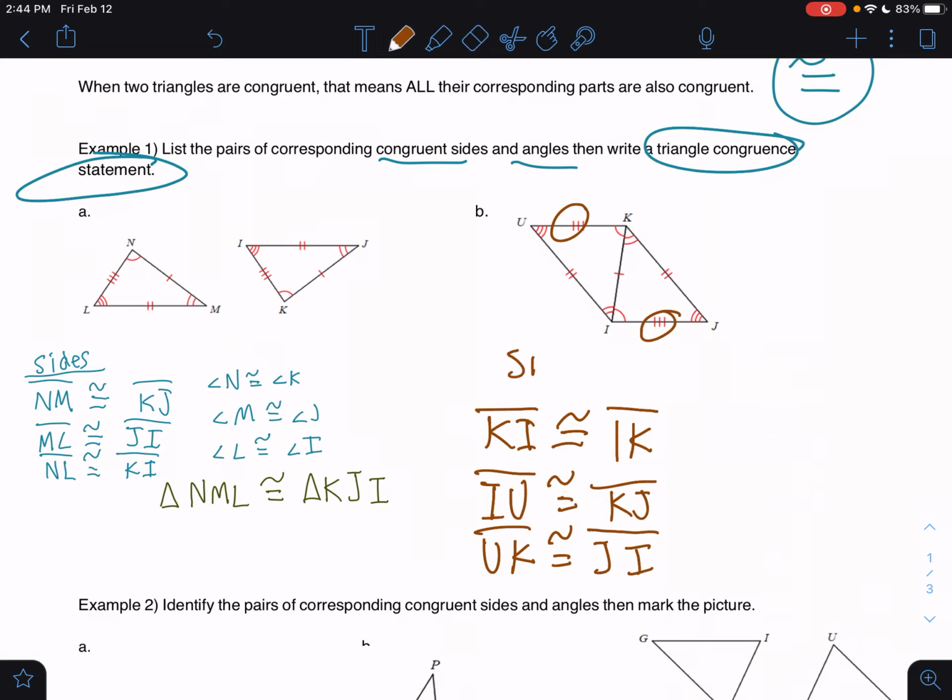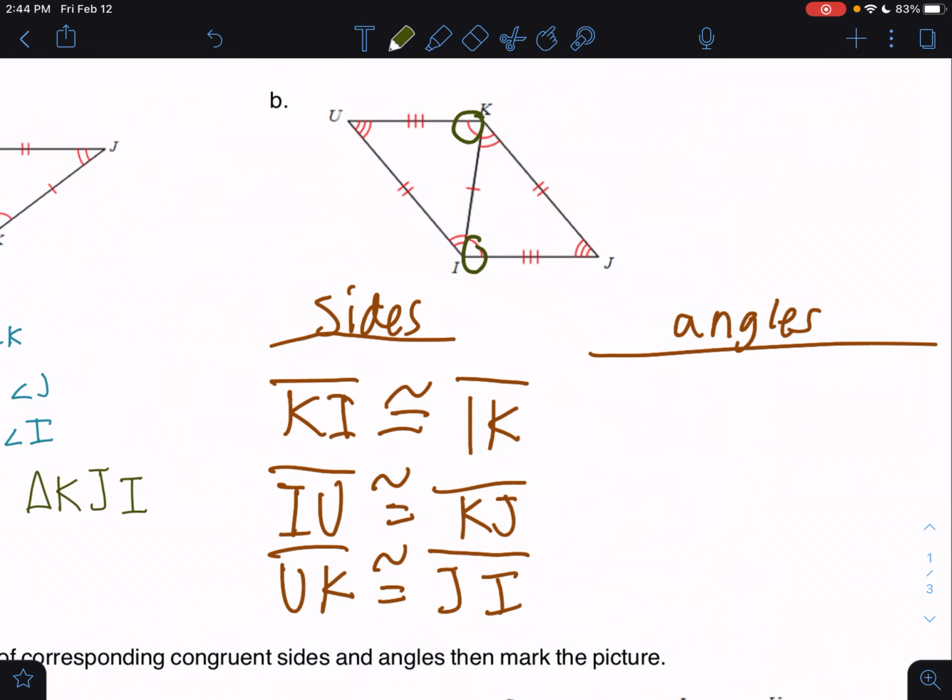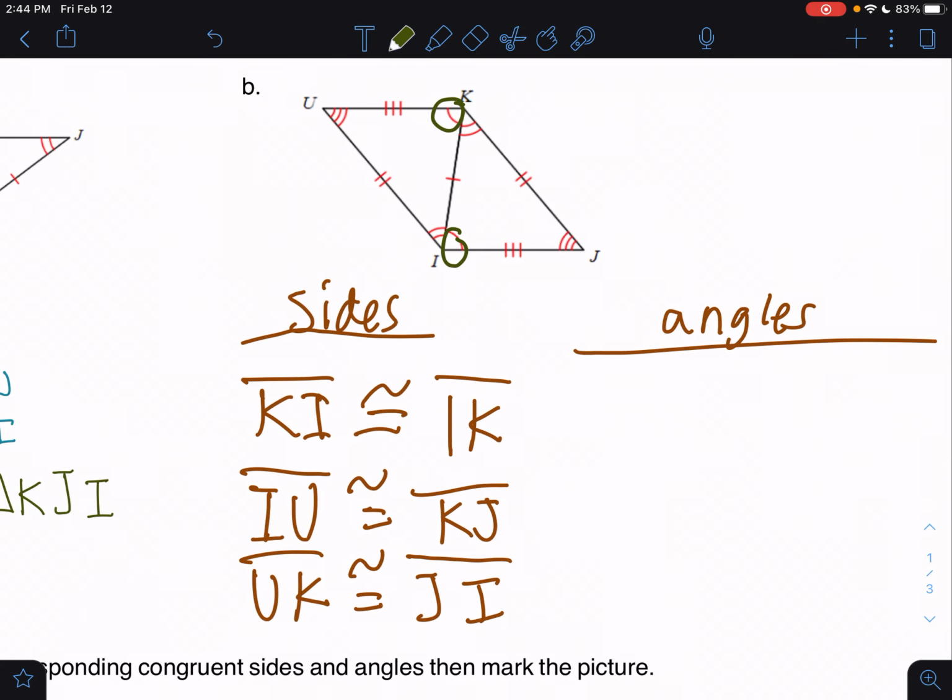Now let's look at the angles. This is the one that's going to be a little bit more different, a little bit difficult. So let's start with the 1 tick mark angles. So I see one right here, and I see one right here. So I'm going to start with the triangle that's on the left. And because there's only 1 letter here, and it's sharing parts with the other triangle, I have to list it with 3 letters.